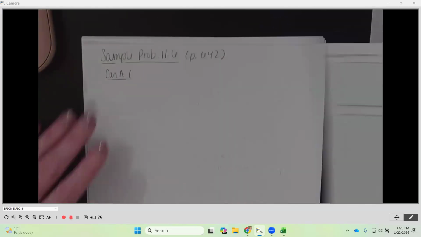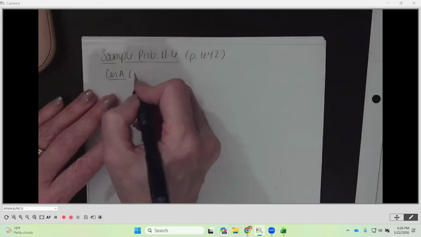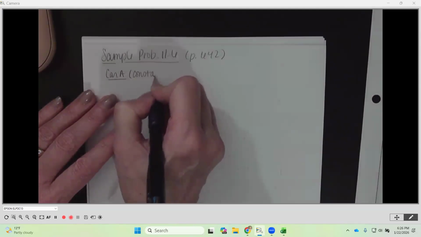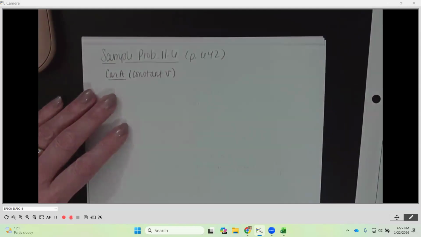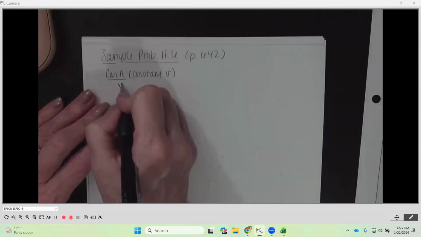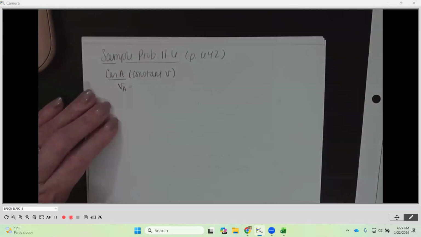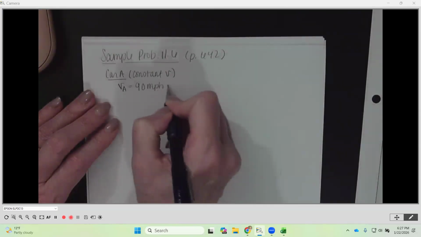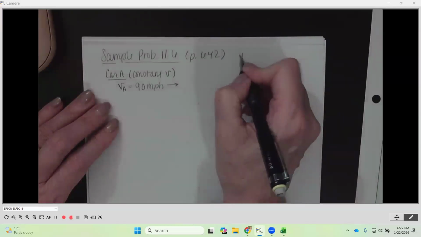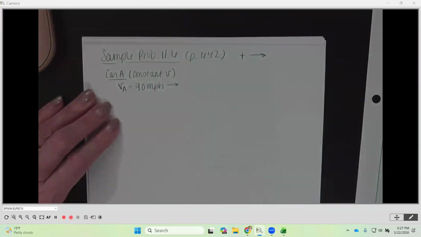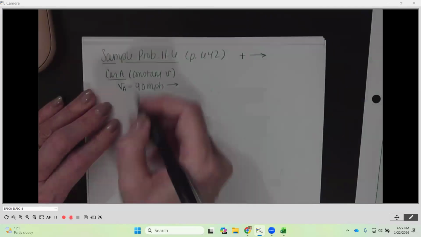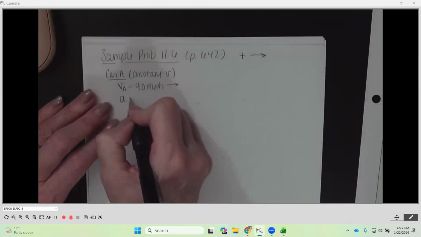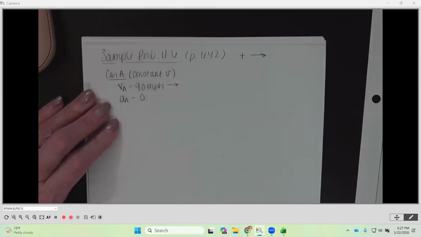That means this is a constant velocity condition, so I'll put constant V here. The velocity of A, starting, middle, finish, is going to be 90 miles per hour to the right. Our positive convention is to the right, so anything going that way is positive. Because it's at constant velocity, the acceleration of A is 0.